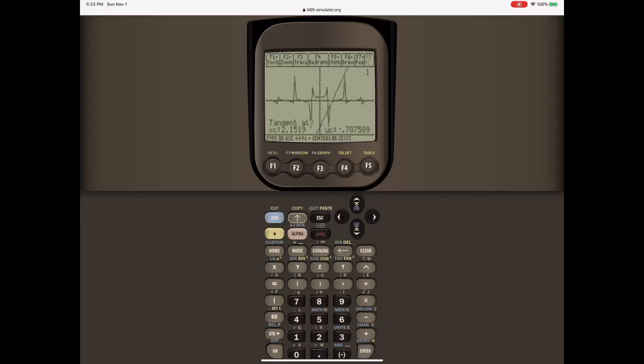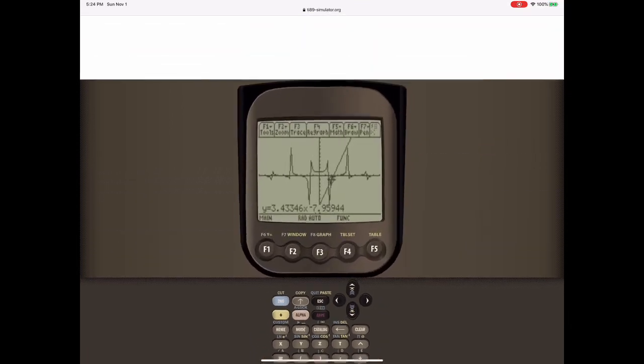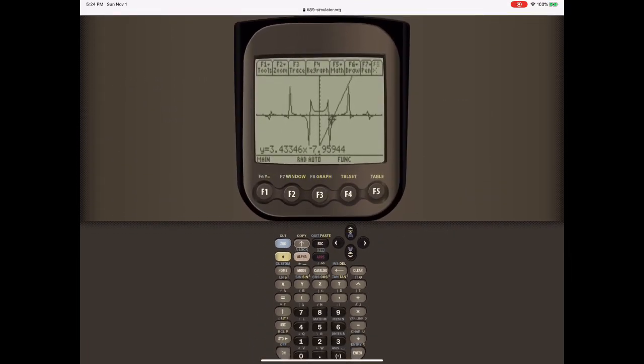And then choose the x value. So I'm going to type the number 2 and enter. And down at the bottom there, it actually gives you the tangent line in slope-intercept form. So if it was a multiple choice, most likely they would have it in slope-intercept form. You could just look down here at the bottom. Oh, there is the tangent line.